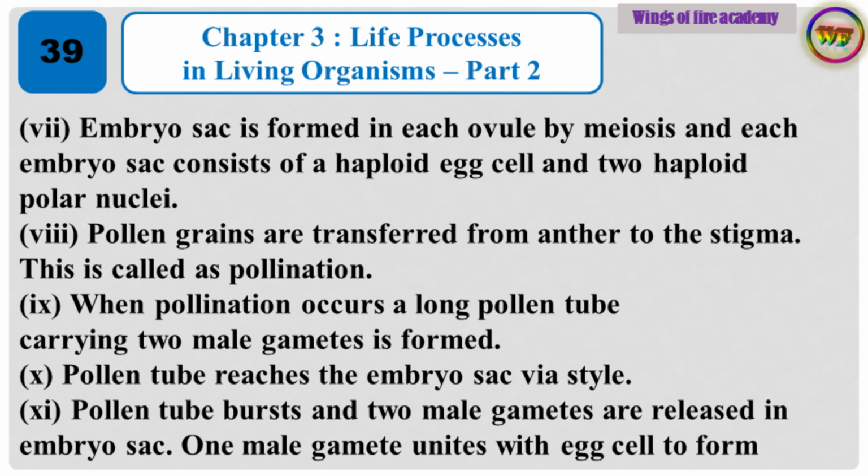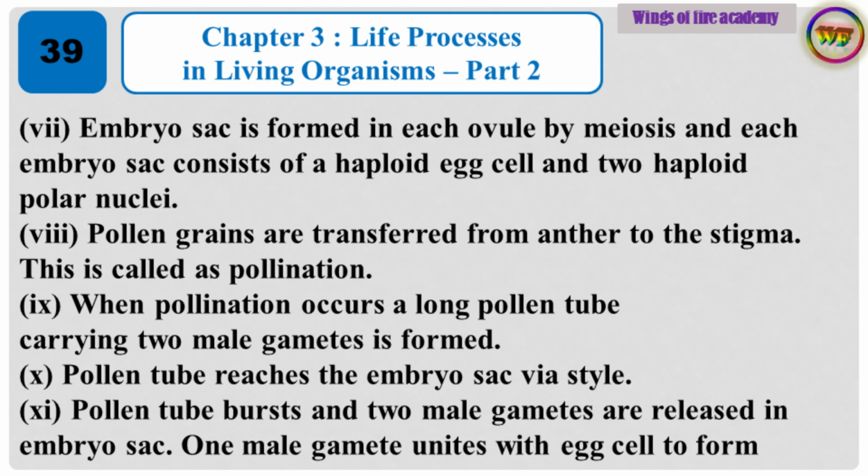Point 9. When pollination occurs, a long pollen tube carrying two male gametes is formed. Point 10. Pollen tube reaches the embryo sac via style. Point 11. Pollen tube bursts and two male gametes are released in embryo sac.